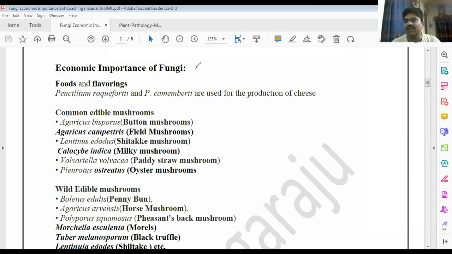Because of them only, we are able to get so many products from nature. These all they can't prepare in the Western countries because of either cold or hot conditions. But in our weather, it is possible.